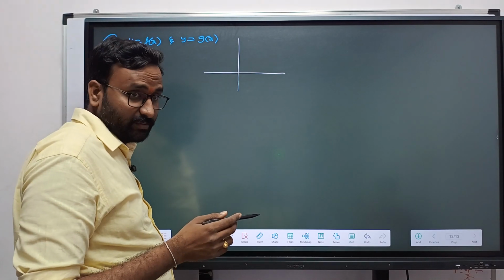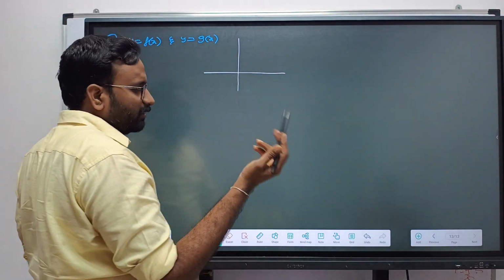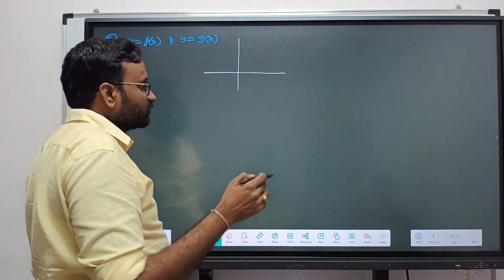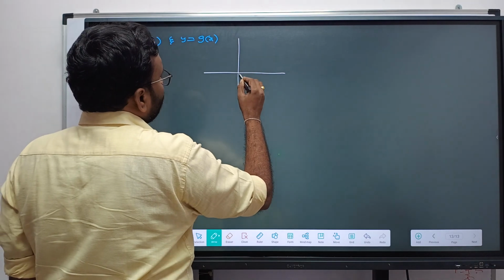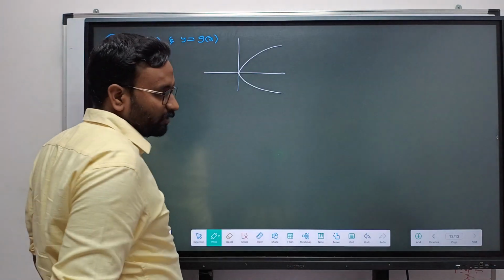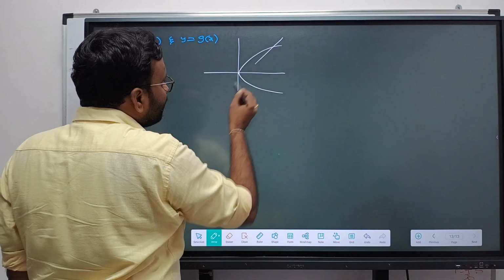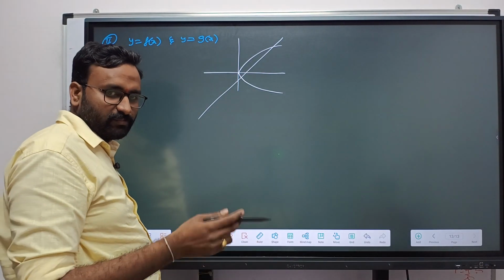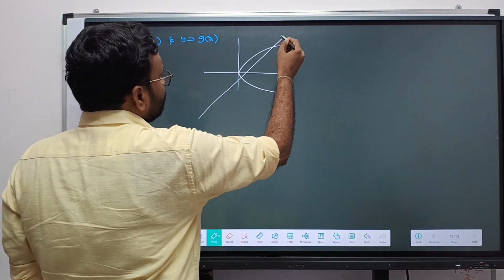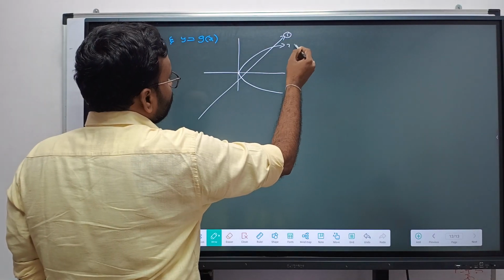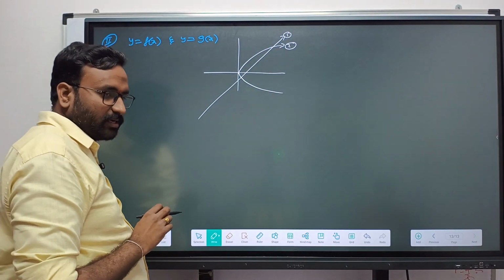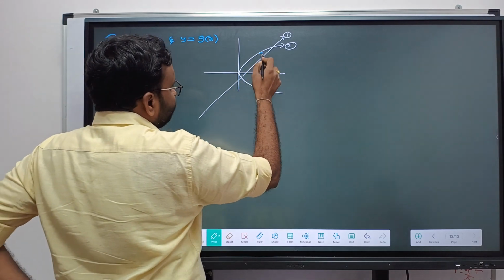One line and one curve may also be given. I'm taking what you already know: a parabola, y square equal to 4x, and a line, x plus y plus 2, whatever it is. This is the first one, this is the second one. Now we need to find this area.